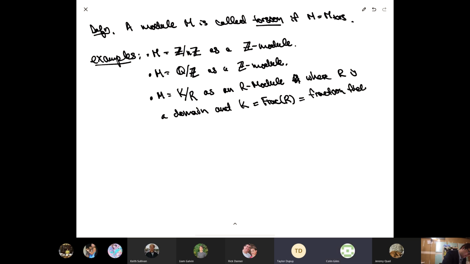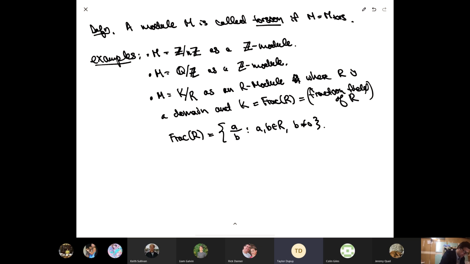Can you briefly say again what the fraction field is? Yeah. So the fraction field of R is the set of a over b, where a and b are in R and b is not equal to 0.